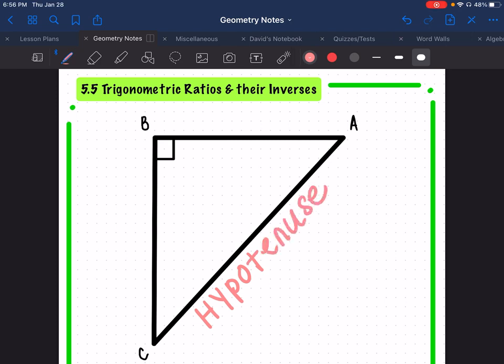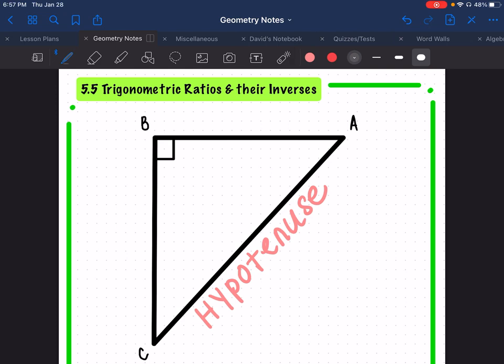Okay. We've also been talking about how if we grab the 90 degrees in the corner and we draw the two sides that make the 90 degrees, these two are our legs. Now we have to be very specific about which leg we're talking about when we use the trig functions. And they're based off of the angle that we have inside the triangle, how I name the two legs.